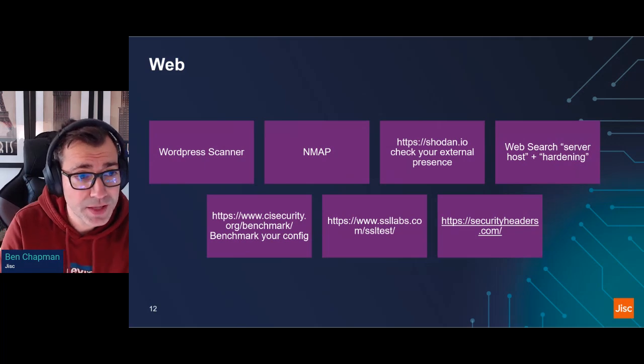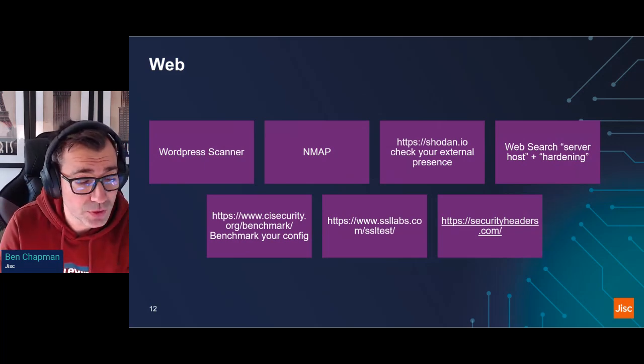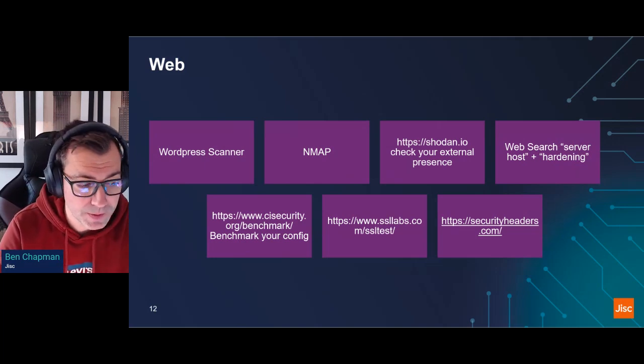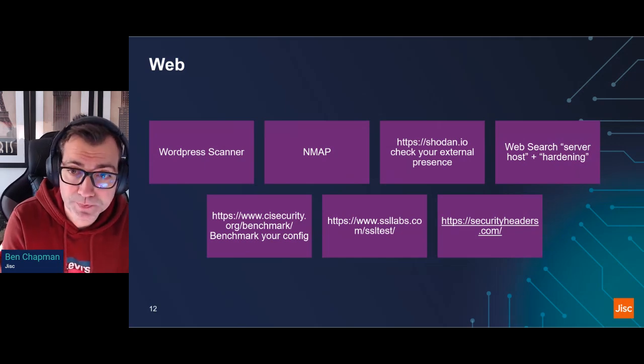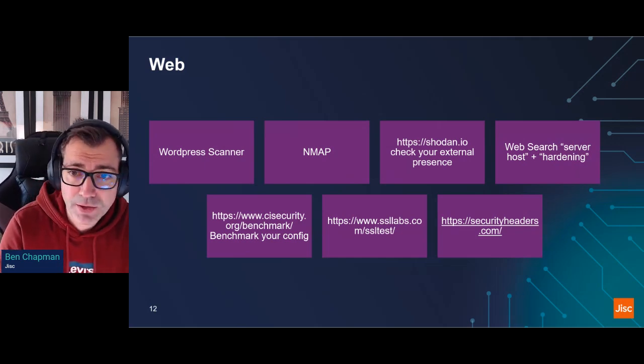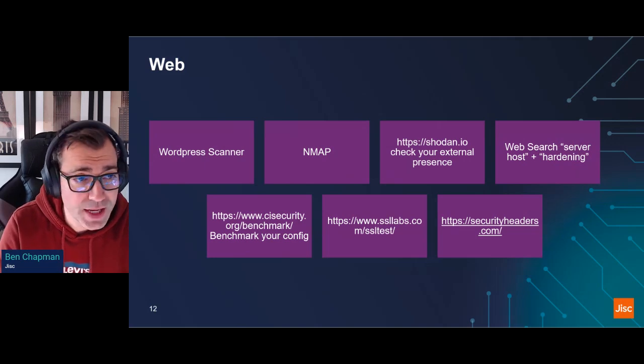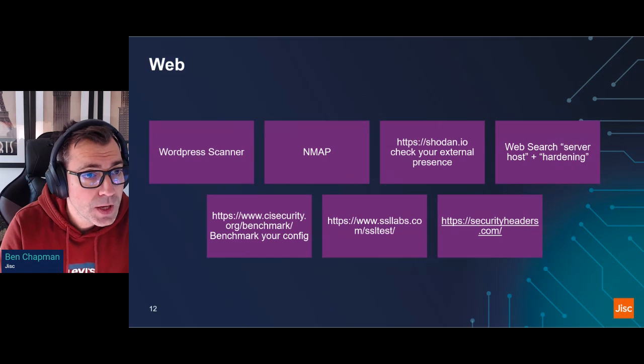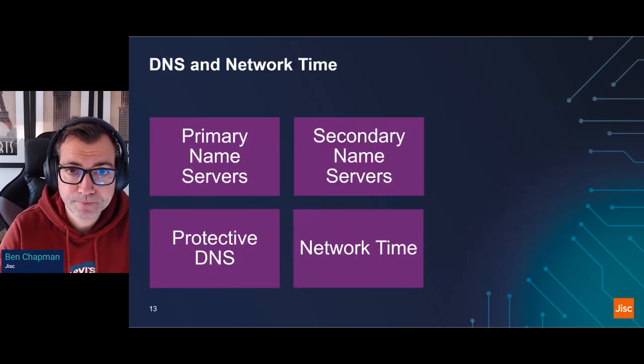As you make things more secure, the less available they are. So you'll need to make a risk-based decision on whether you want to enable that hardening or not per configuration. And SSL Labs and the security headers websites, with URLs there on the screen, will help you evaluate some of those systems.